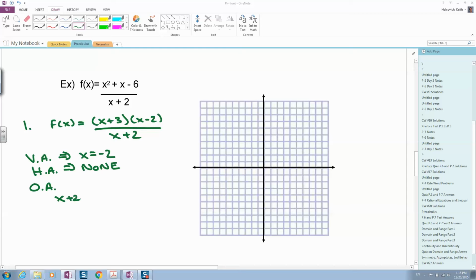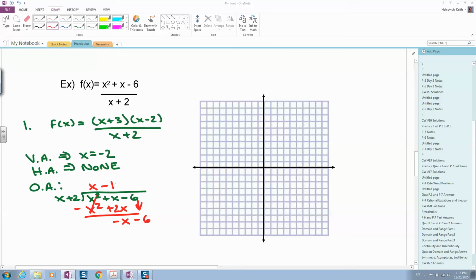So we go x plus 2 over x squared plus x minus 6. We divide, so x goes into x squared x times, then we multiply, x times x is x squared, x times 2 is 2x, then you subtract, 1 minus 2 is negative 1, then you bring down the 6, then you divide again, so negative x, how many times does x go into negative x?